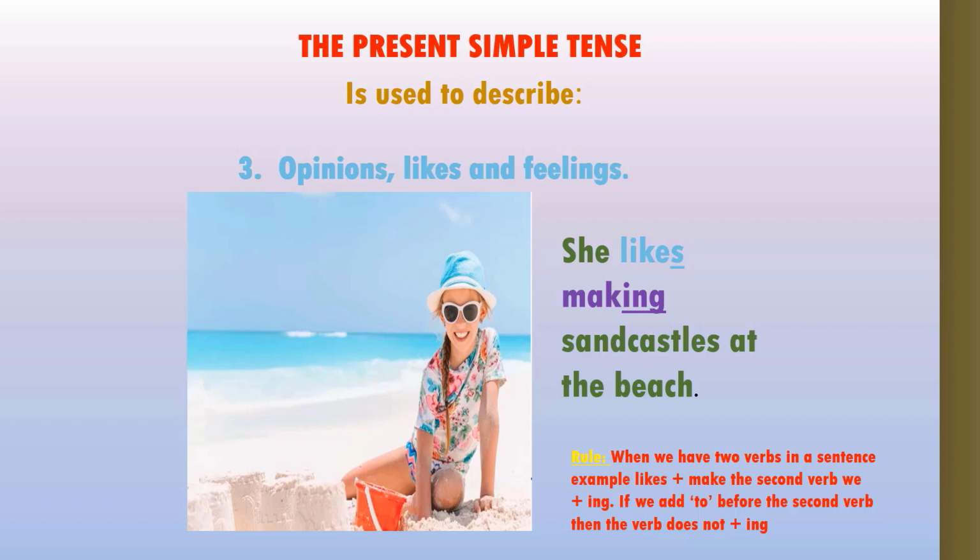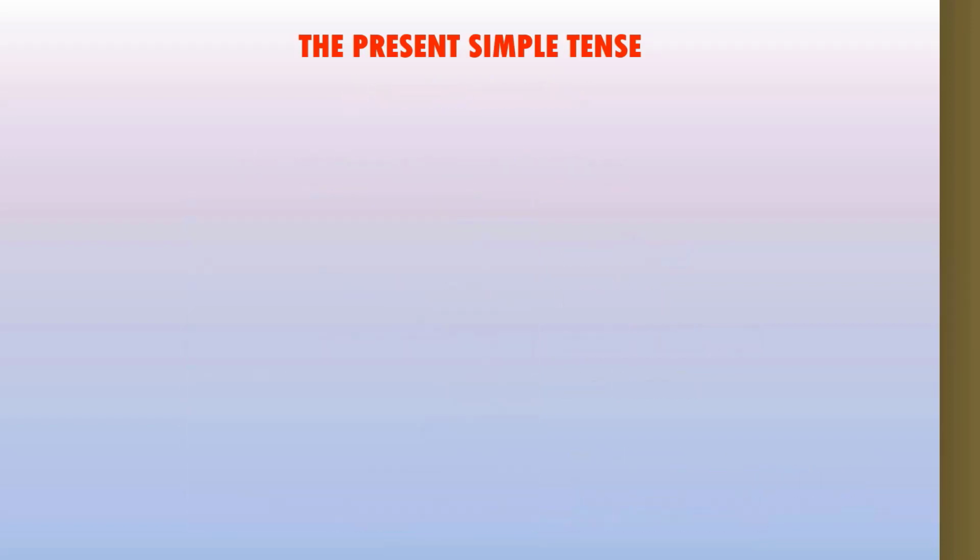That would be incorrect. That's wrong. We also can't say she likes make. We have to say she likes making. Remember, we've already got the S with likes, so the next main verb we must put an ing. Just some rules here. Okay, so your turn now.